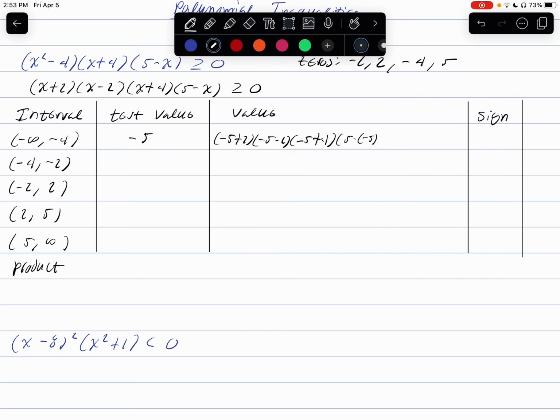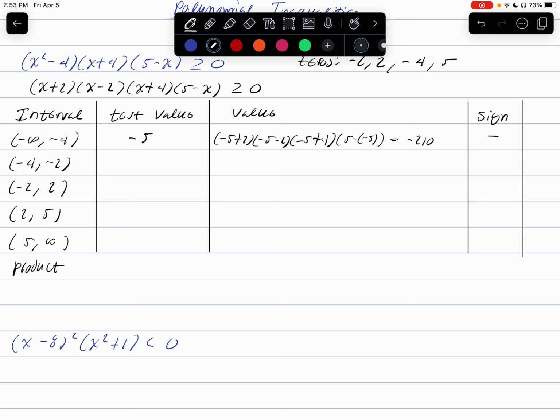This is going to give us negative 3 times negative 7 times negative 1 times 10. That's going to give us negative 210. So our sign here is negative.